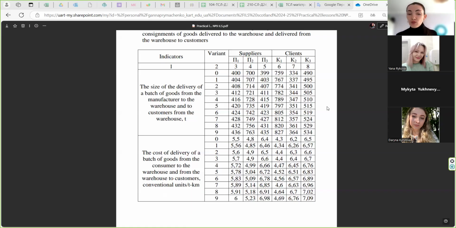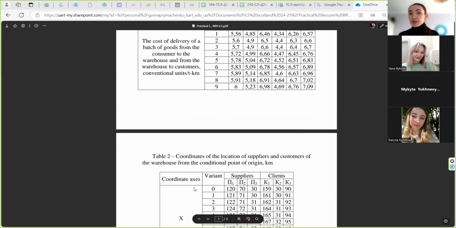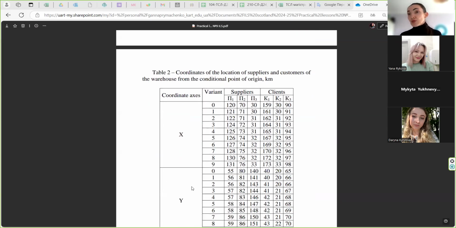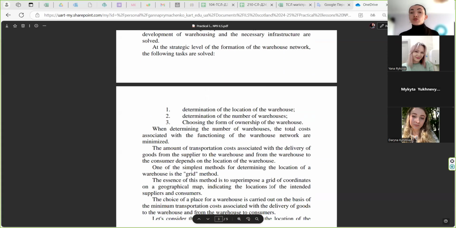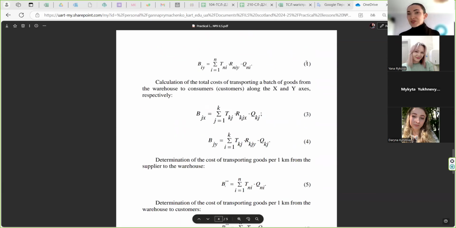It is the same formula, the same parameters, but for our y coordinate axis. The same parameters, but only the distance is another distance, for y coordinate axis. I show you formula number 2. It is a mistake, it is not first, it is second our formula.